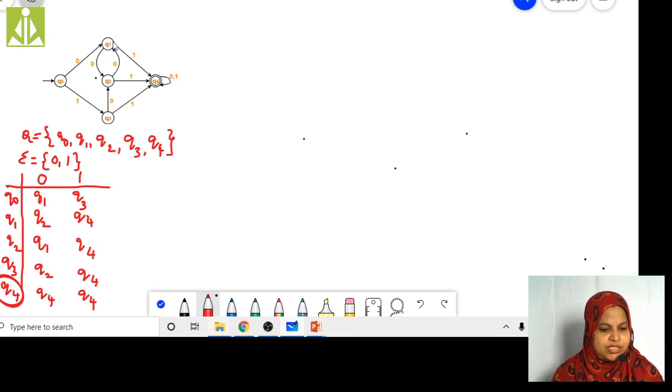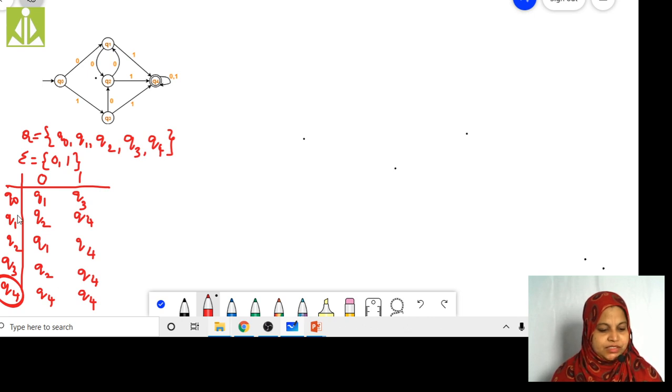Here: Q0 on 0, Q1; Q0 on 1, Q3; Q1 on 0, Q2; Q1 on 1, Q4; Q2 on 0, Q1; Q2 on 1, Q4; Q3 on 0, Q2; Q3 on 1, Q4; Q4 on 0, Q4; Q4 on 1, Q4 only.